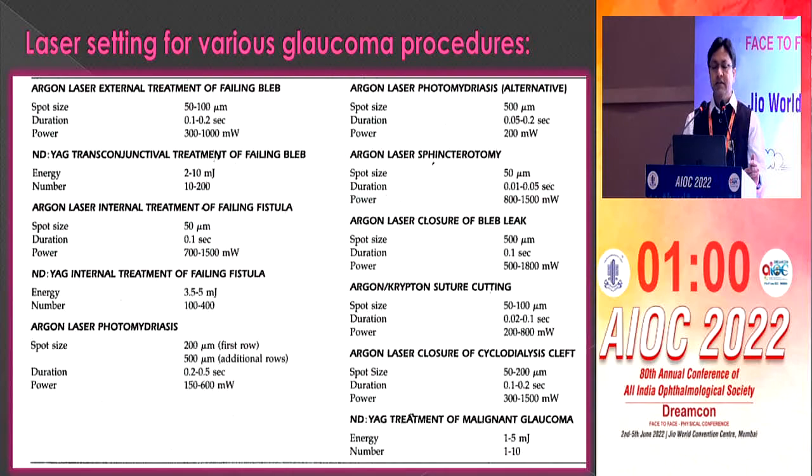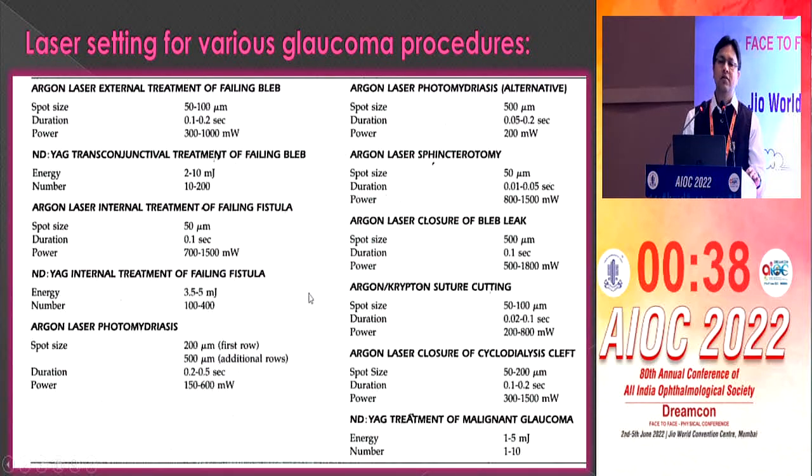And this is the laser setting for all types of glaucoma procedures. If anyone wishes to do them, at least remember three things: what will be the spot size, what is the duration, and what is the power of your laser. These three things I have tabulated for Nd:YAG PI, photodisruption, or suture lysis.